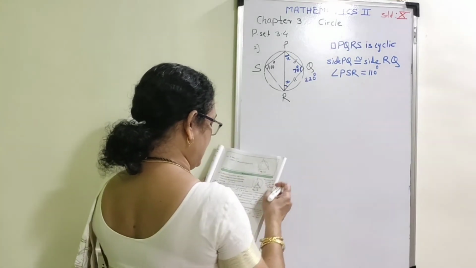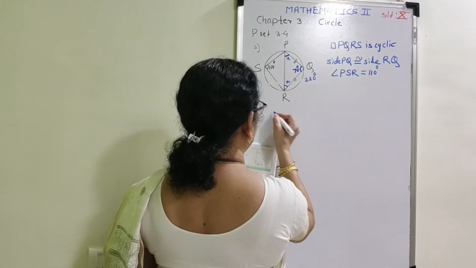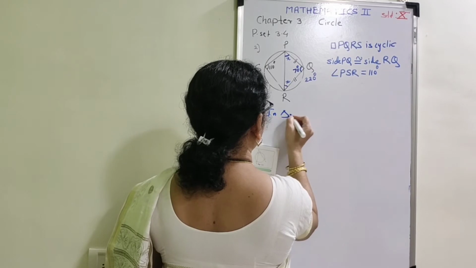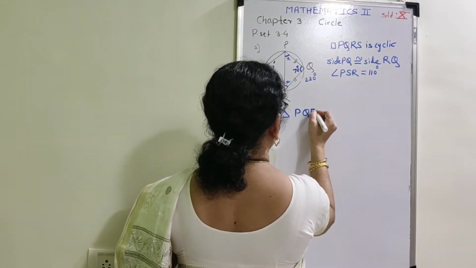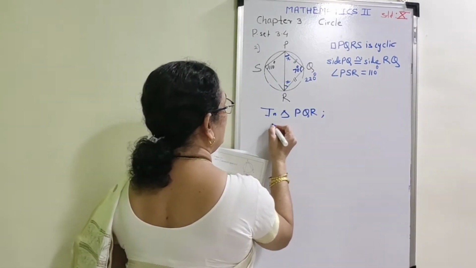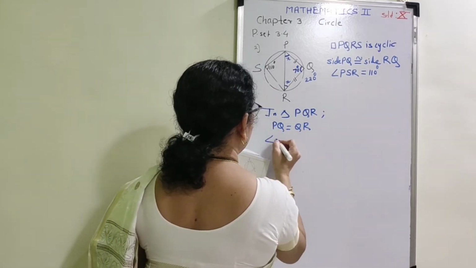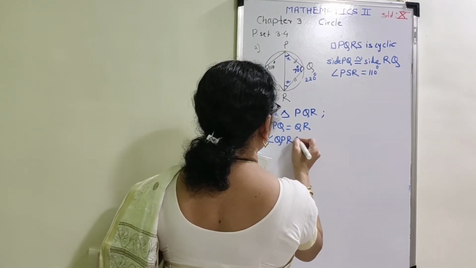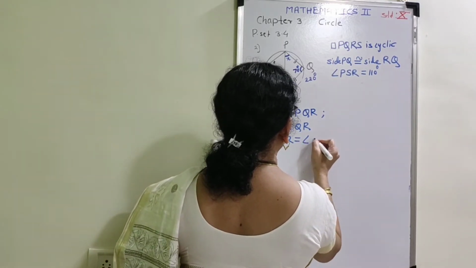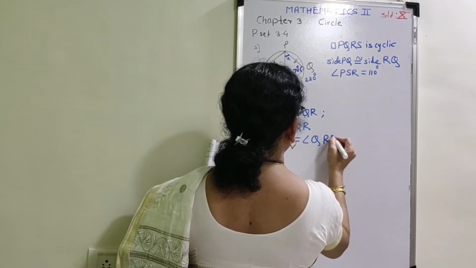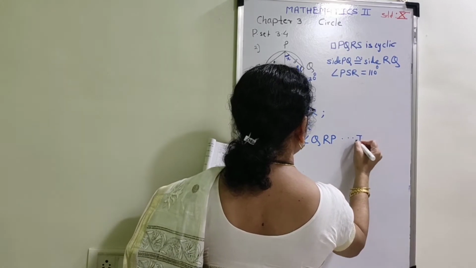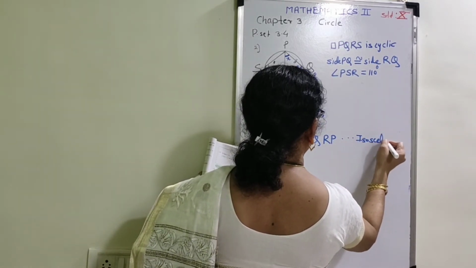Before that, we will complete first of all the fourth one. In triangle PQR, PQ is equal to QR. Therefore, angle QPR is equal to angle QRP by isosceles triangles theorem.